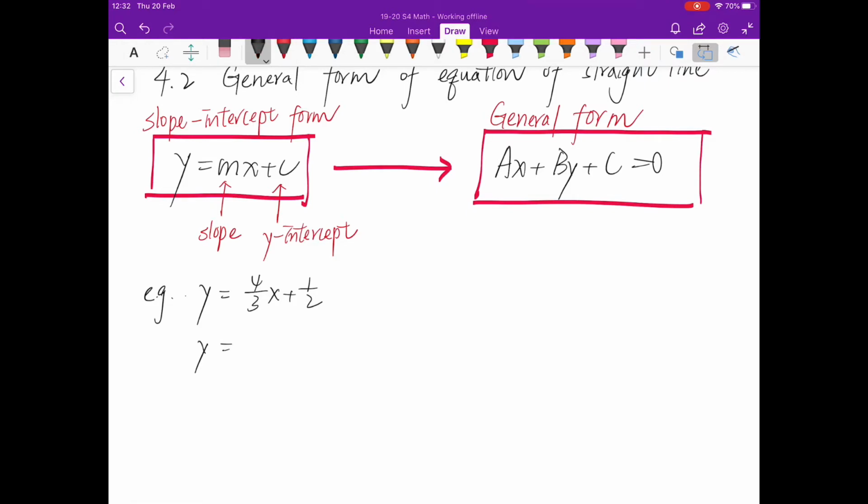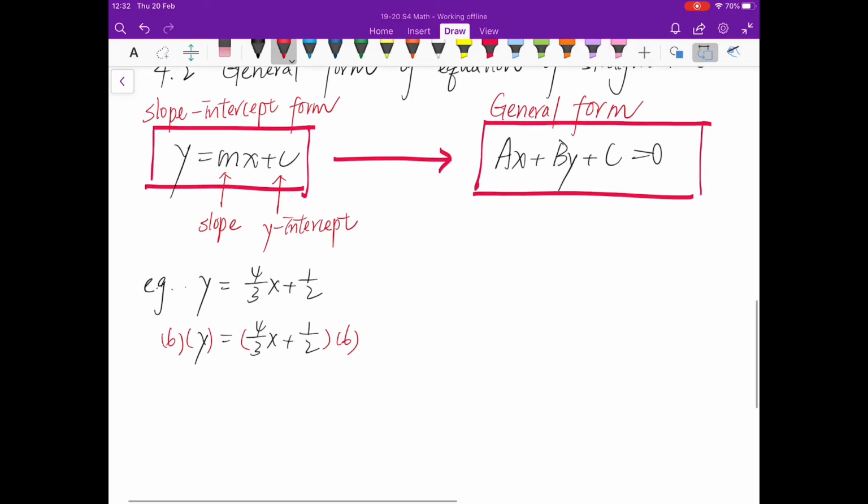For the first step, we will multiply both sides with 6. As we can see, in the denominators we have 3 and 2, so we multiply both sides with the common multiple, the LCM, of the denominators.